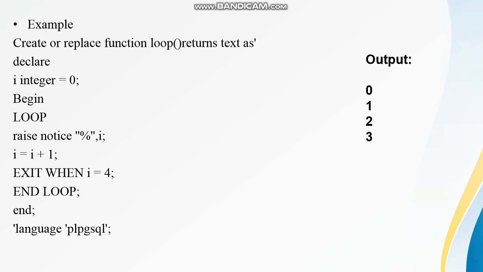Then END LOOP, END, and LANGUAGE plpgsql. Let's see the execution of this. I hope you have understood how we write the basic loop. The basic loop starts with the keyword LOOP and ends with END LOOP, and there is an EXIT statement to terminate the loop. This is what you have to remember.